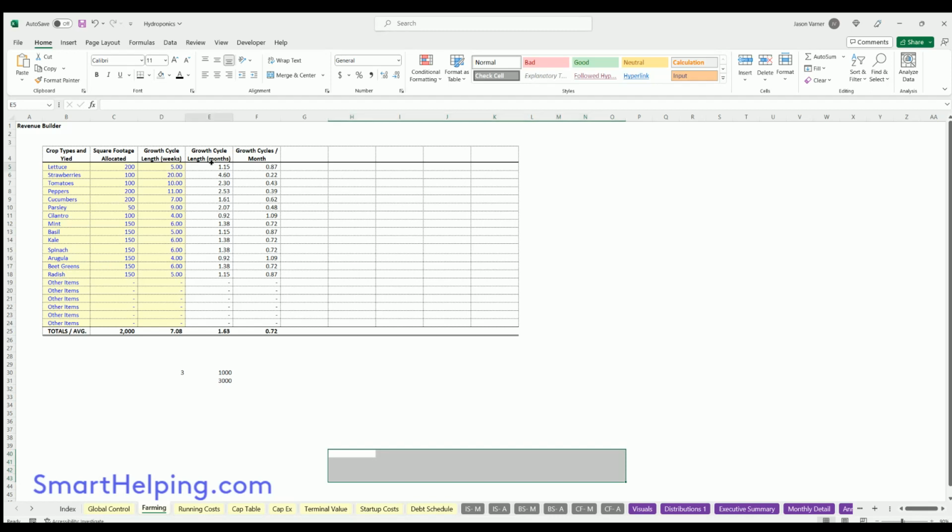In the long run, I'm fine with just taking the growth cycles per month, in this case 0.22, and multiplying that by the yield. If you're selling by the unit or by the pound, that's another option input, the pricing per those units. You multiply that, and that's the revenue per month for each of the different types, and that's our forecast.